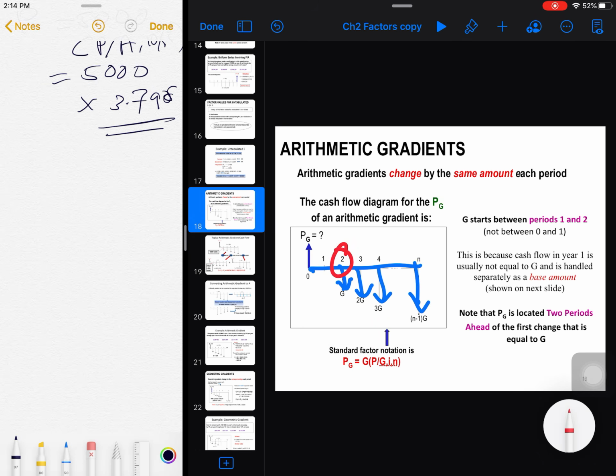Okay, this is because cash flow in year 1 is usually not equal to G and is handled separately as a base amount. Okay, this will be shown in the next slide.